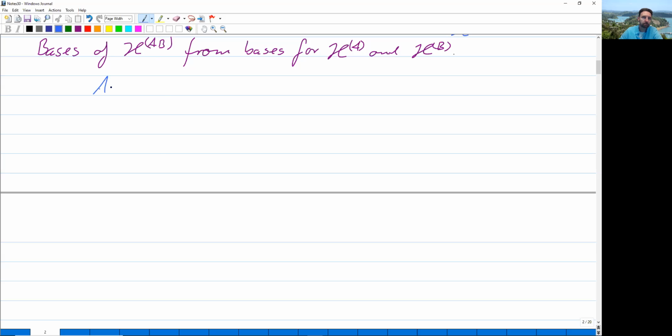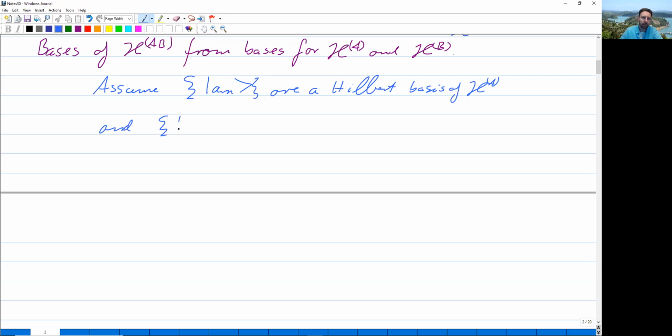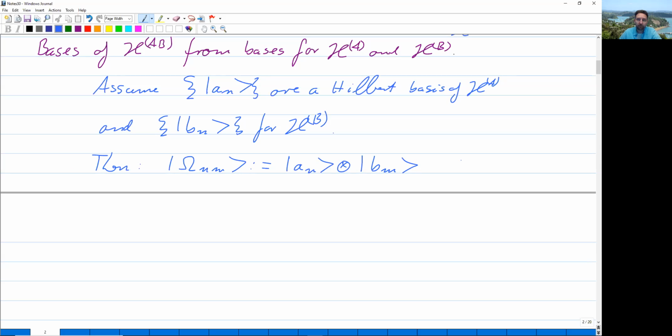So assume that the vectors A n are a Hilbert basis of H A, and similarly B n for H B. Now, we define the vectors omega n m to be A n tensor B m. These are of course elements of the Hilbert space of the big system because of the tensor product, but more than that, they actually form a Hilbert basis.